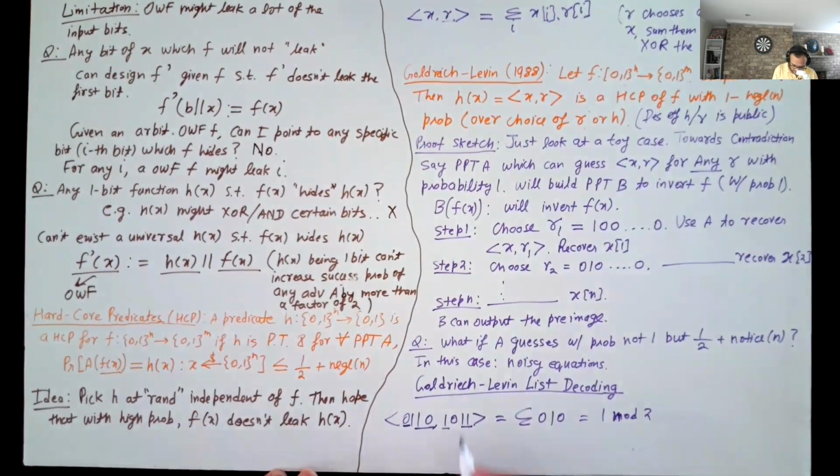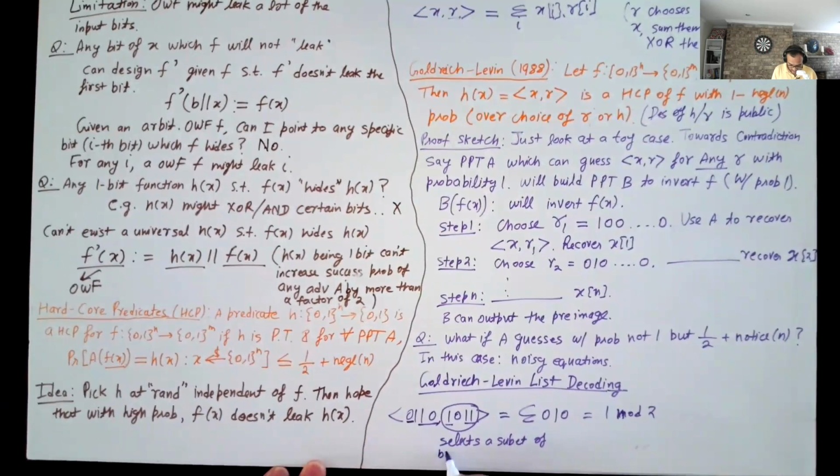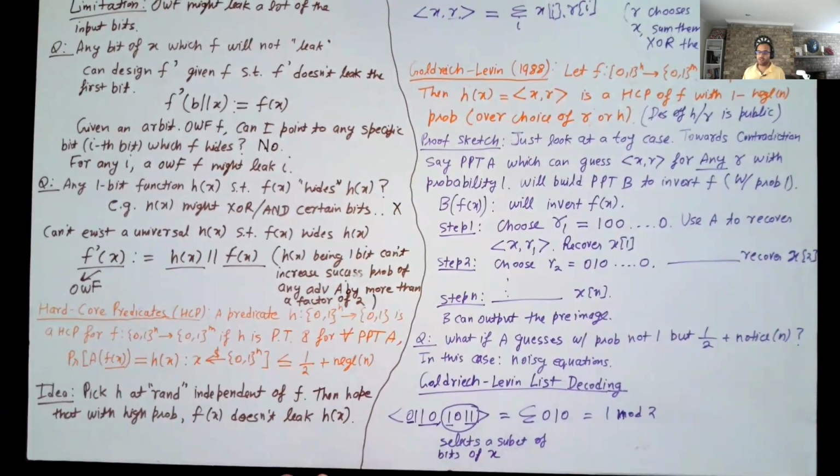So this R selects a subset of bits of X, and then you just sum all these bits. And how do you select a subset?